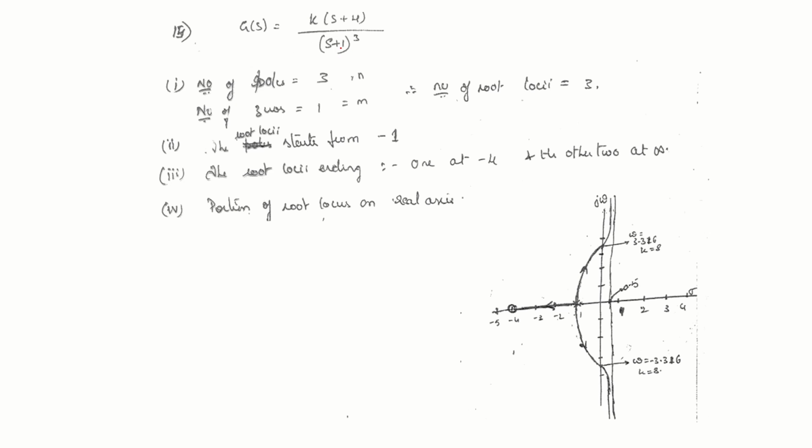Here there are 3 poles at the same point, minus 1. So 0 here, at minus 1 there are 3 poles, like this. There is a 0 at minus 4.